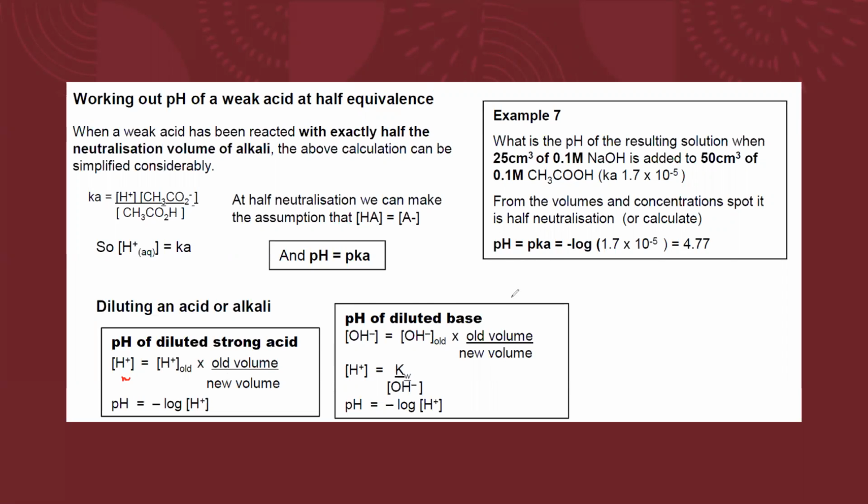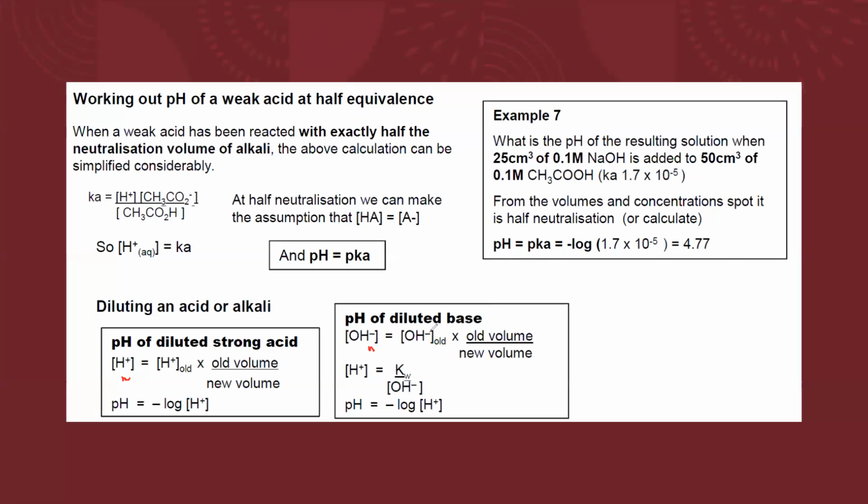The same applies for the new hydroxide concentration. Diluting a solution means adding water, so the volume of the solution will change. Sometimes when a reaction occurs, the solution is also diluted because acid and alkali both contain water.